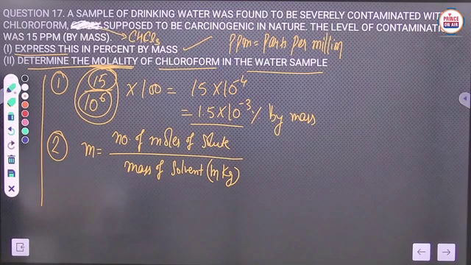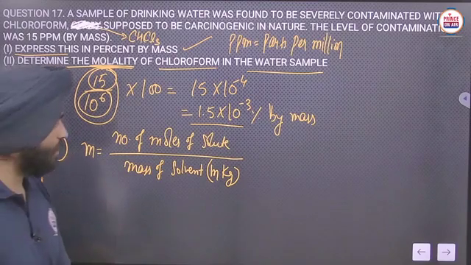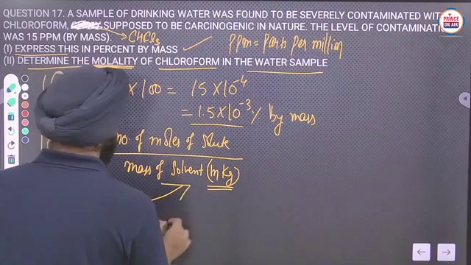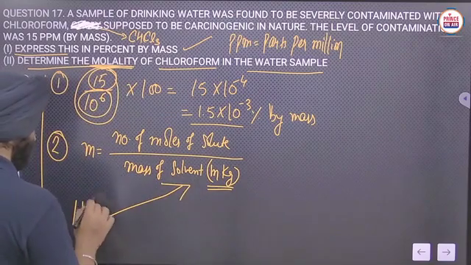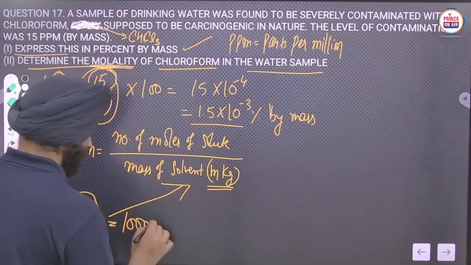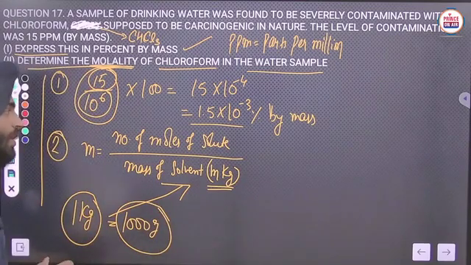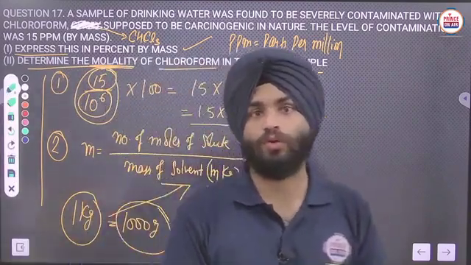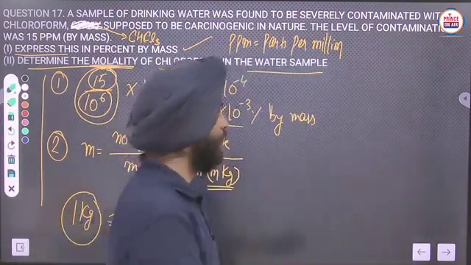If you suppose that the sample is of 100 gram, or you can suppose one more thing, if it is in kilogram, you can suppose that 1 kilogram sample is there, or you can say 1000 gram sample is there. Then the number of moles of solute you have to calculate first. How can you calculate?